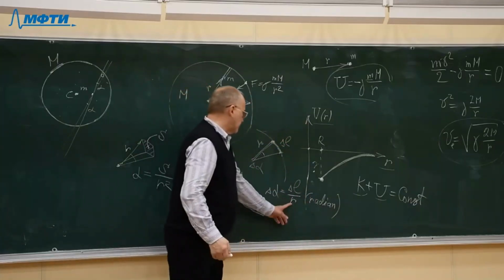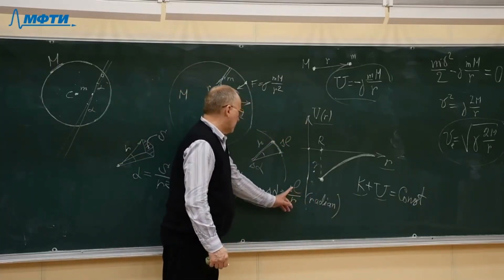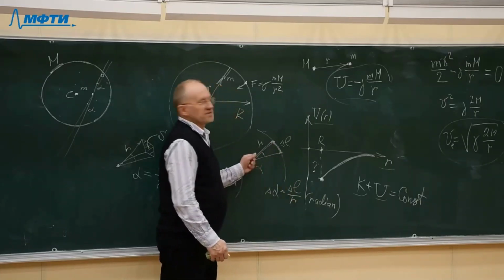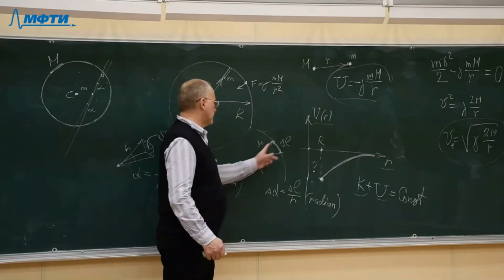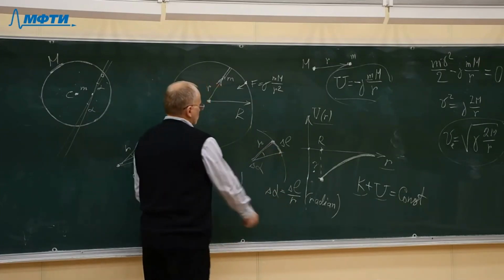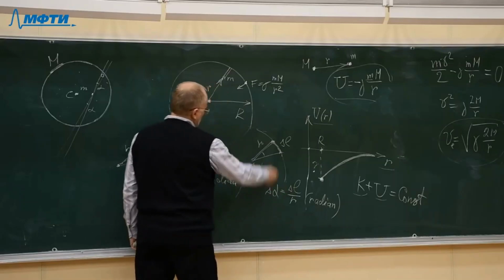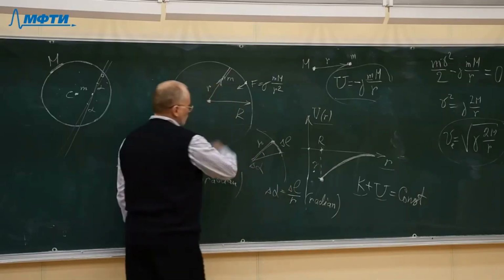One radian is when the length of the arc equals the radius. This is about 57 degrees. That is 1 radian. The total angle, 360 degrees, is 2 pi radians.